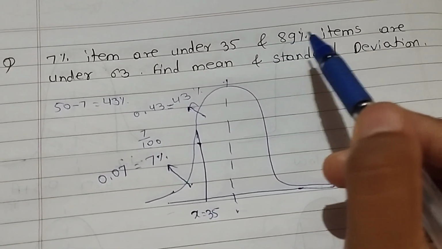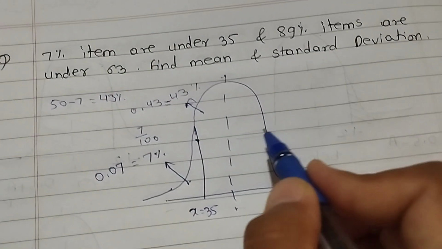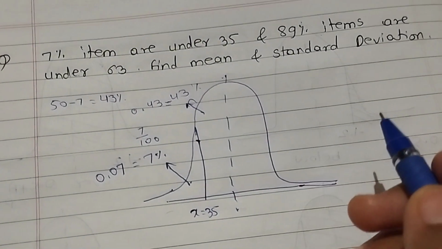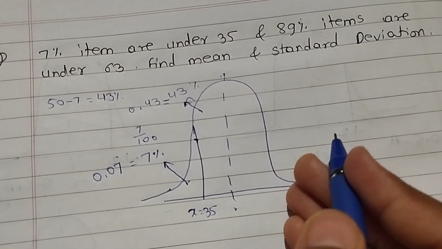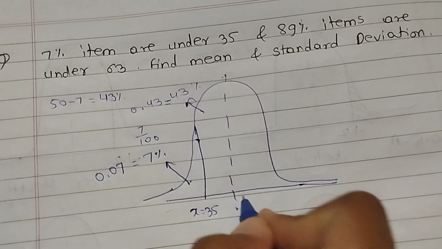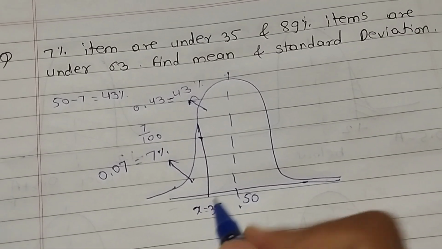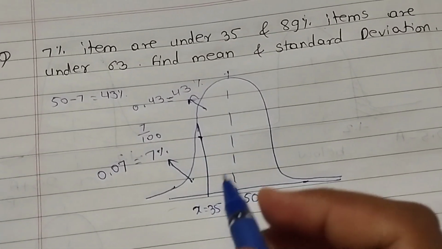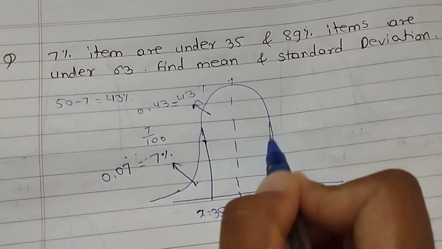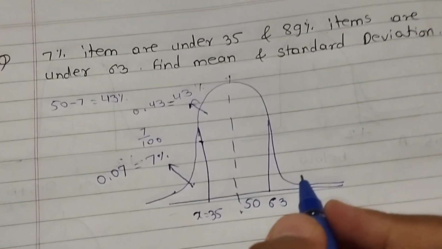Now we move forward. So 89% items are under the 63. Now the 63 we draw at the right side, because this is greater than 50 and 35 is smaller than 50. Here is the half of the curve, so 35 is smaller, so that's why we draw at the left side. Now 63 is greater, so we write at the right side. So this is the 63.